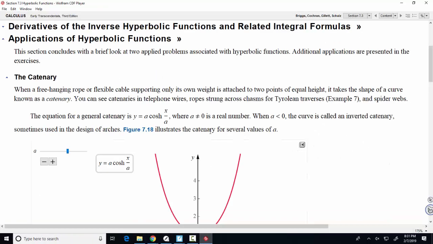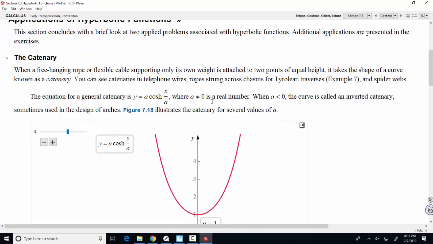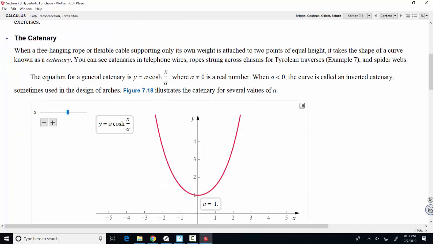I do want to refer you to the textbook in the applications of hyperbolic trig functions. This is catenary or catenary, it just depends on who you ask. That's when you have the power lines hanging like that, or some suspension bridges have those cables hanging.